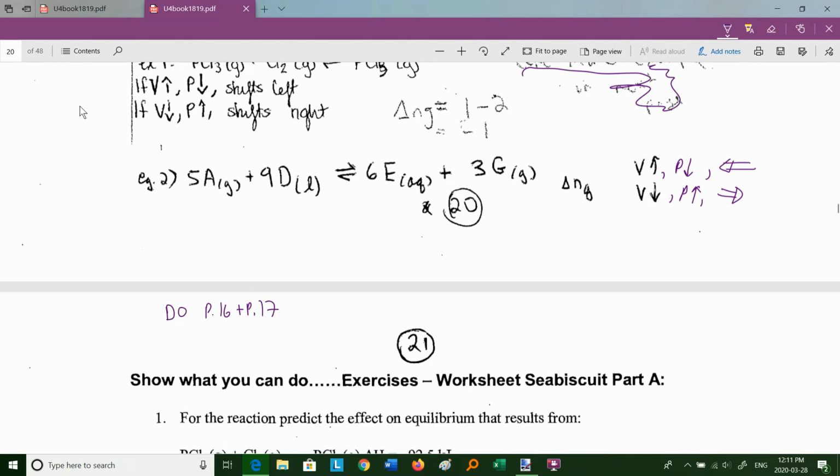And then one of my strange memes, right? Then can we do all of Seabiscuit? It looks like that we can. So that's page 21 and 22, 23, and 24. Right. So do page 16 to 17 and page 21 to page 24.